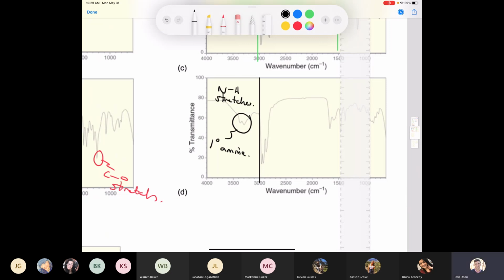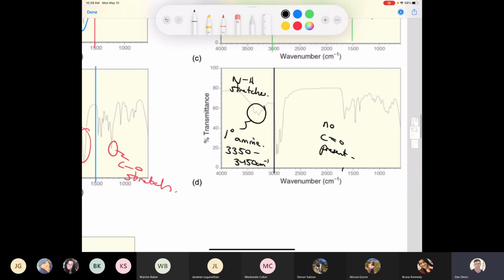Those are around 3350 and 3450 reciprocal centimeters, right? There's no carbonyl. So if this is 1700, there is no carbonyl present. So that's a primary amine.